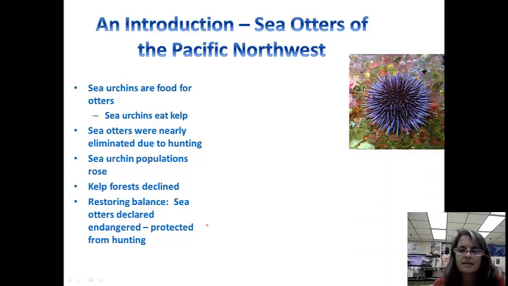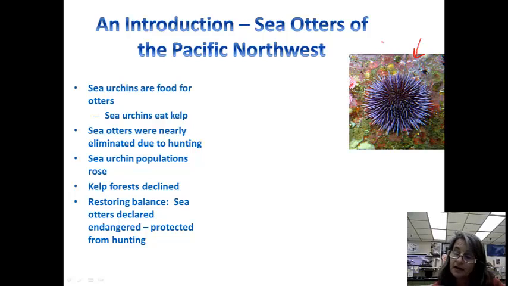In the kelp forest community of the Pacific Northwest, sea urchins, prickly fella over here, I don't know how anything can eat that, but sea otters can. Sea urchins are also predators upon kelp, okay? So sea urchins eat kelp and are eaten by sea otters.